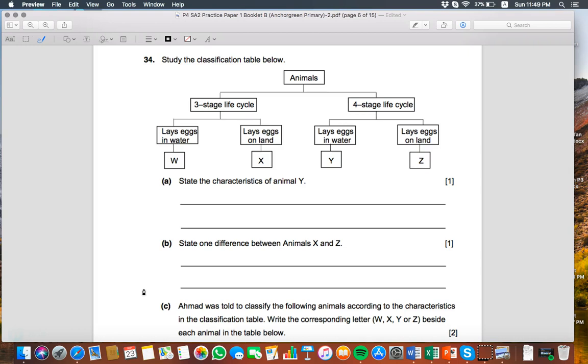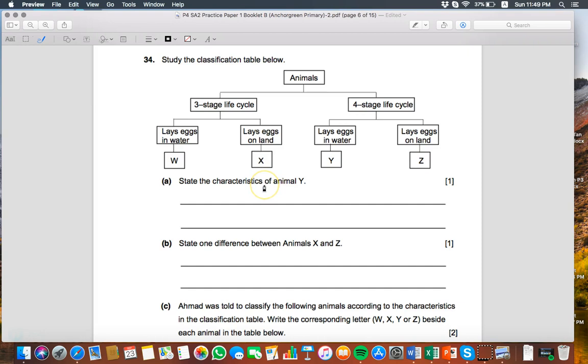Okay, this is the question on life cycle of animals. You are supposed to study the classification table and state the characteristics of animal Y. Animal Y lays eggs in water and has a 4-stage life cycle.